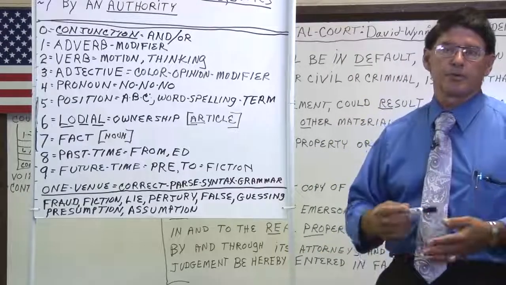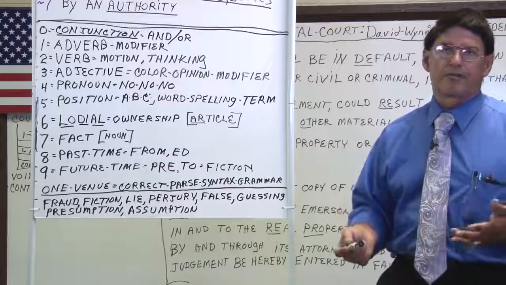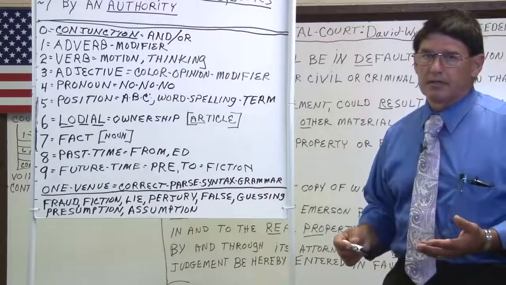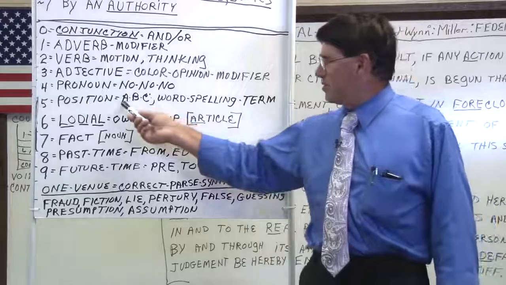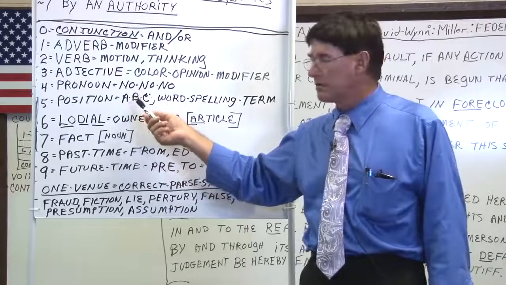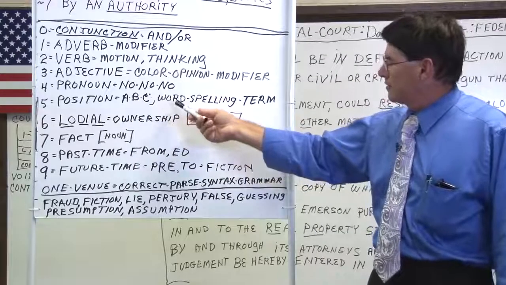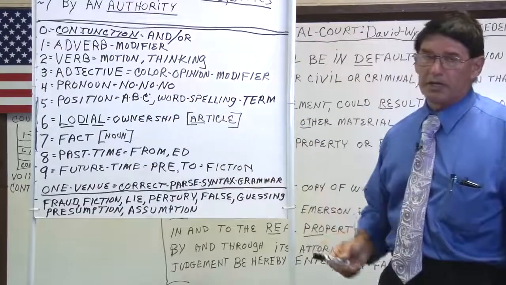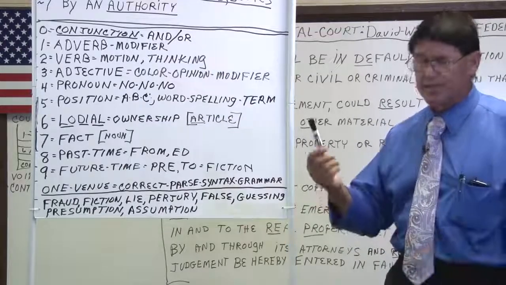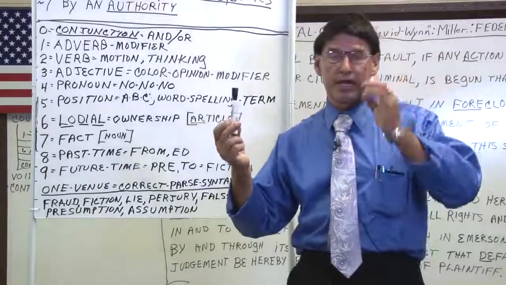If we were in Russia, we'd be using the Russian alphabet. Or in France or Germany, or if we were in Arabic or Indian. So the communication skills have to be established as to what alphabet you're going to be using. Then you have to take that alphabet and spell out your word. Now, if we're going to use the English language, this would be a pen, P-E-N.